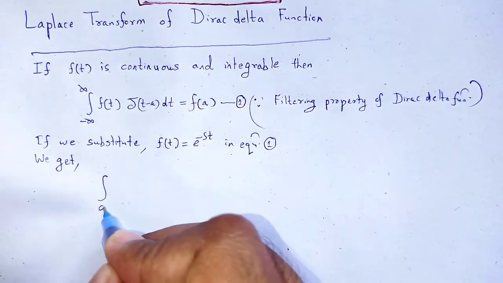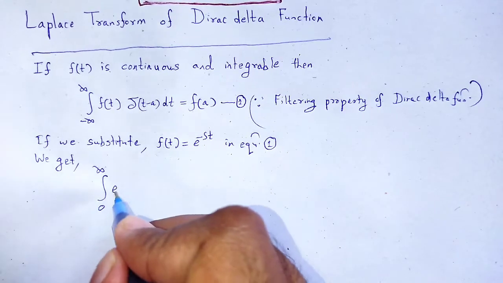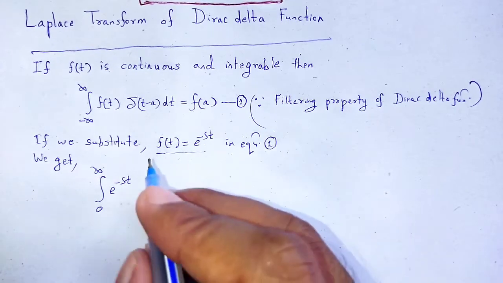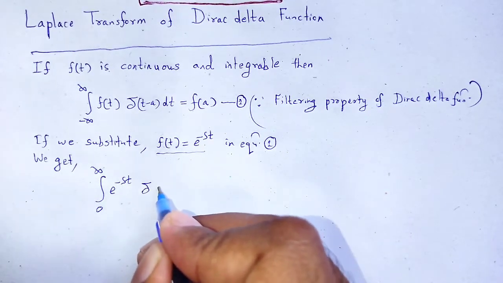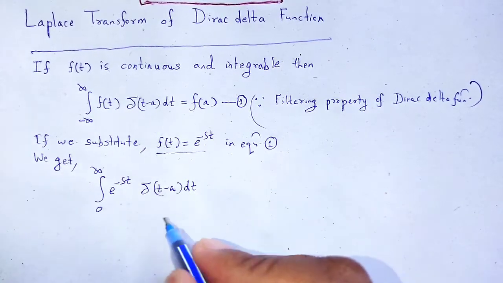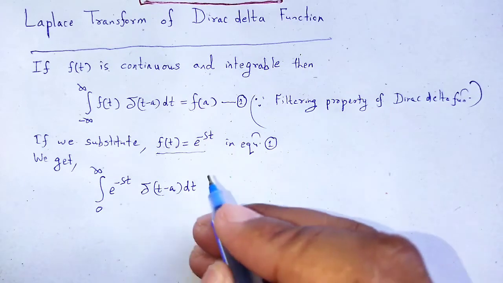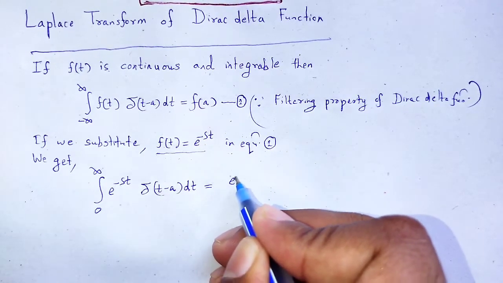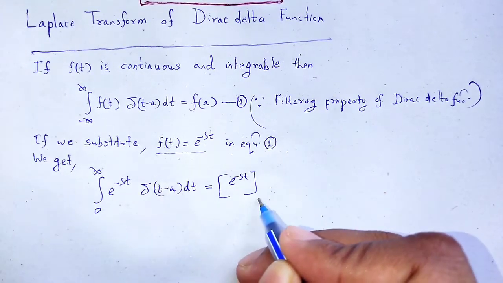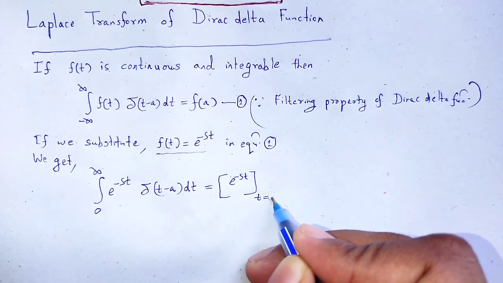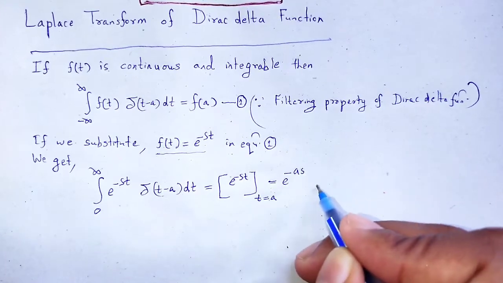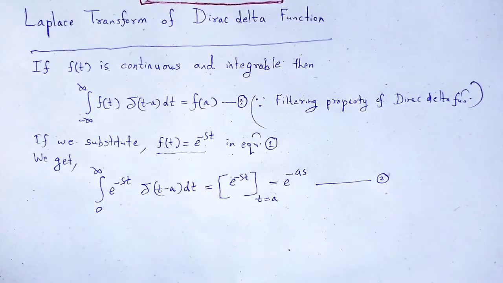So, the limit from 0 to infinity e to the power minus st in place of f of t, as e to the power minus st into delta of t minus a dt. That integral can be solved as e to the power minus st at t is equal to a, it results e to the power minus sa, that is equation number 2.